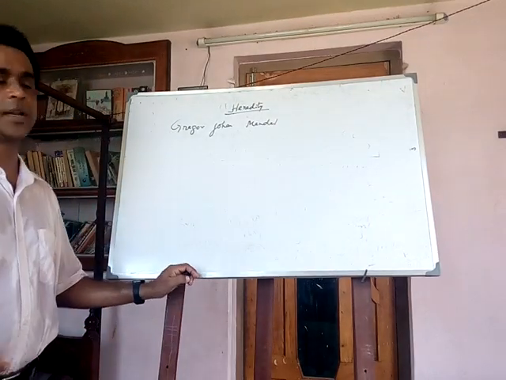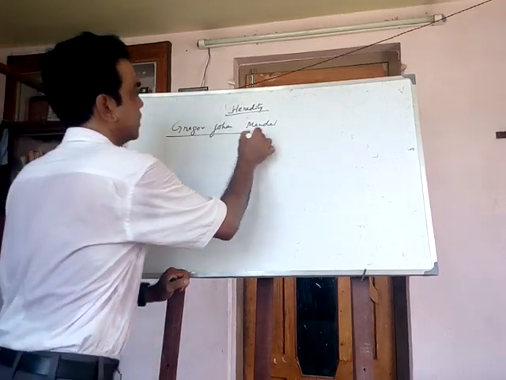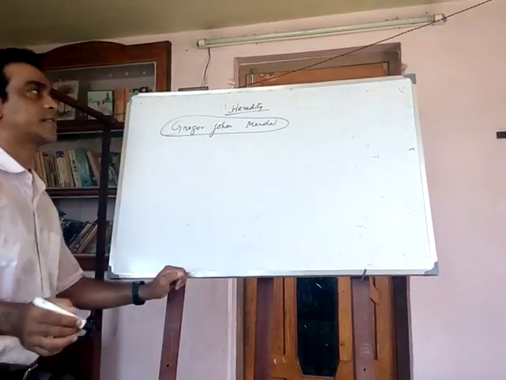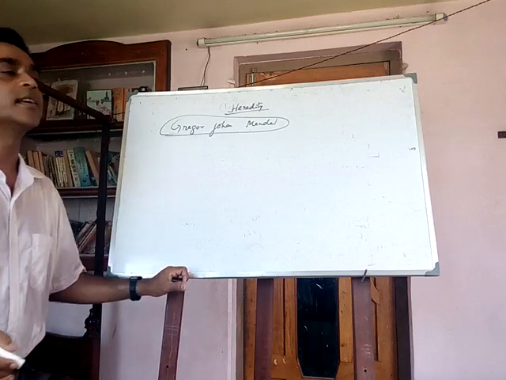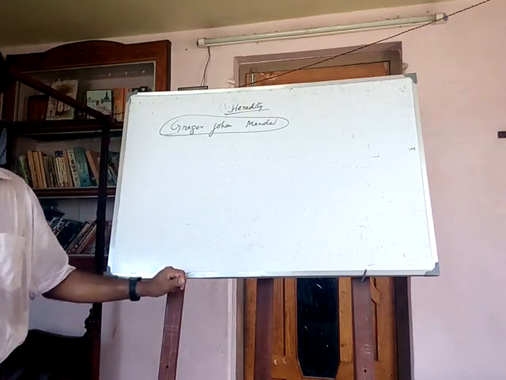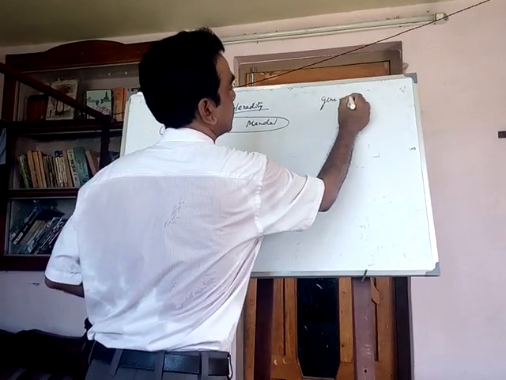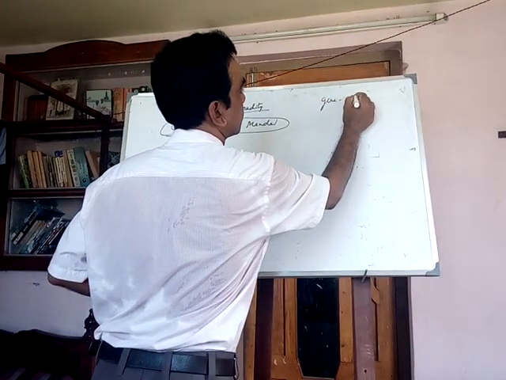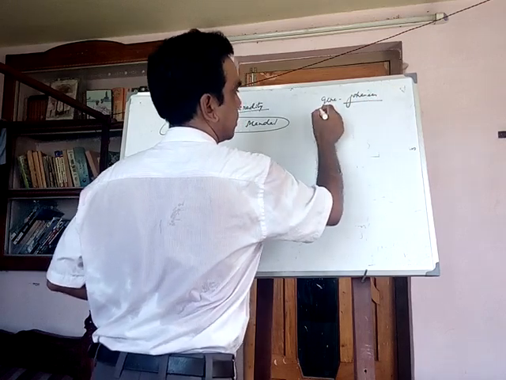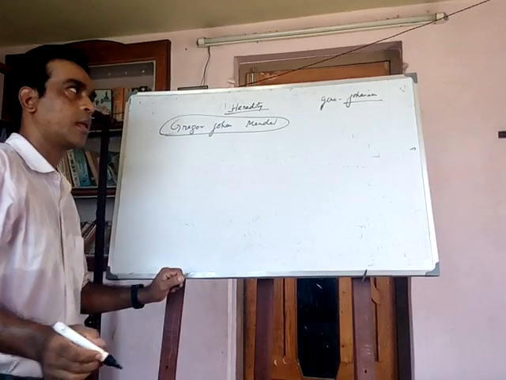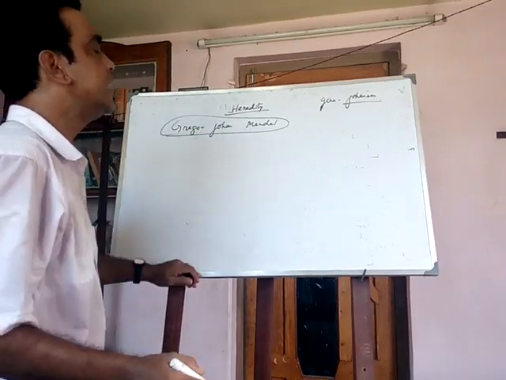Gregor Johann Mendel is the father of genetics, and the term gene was coined by the scientist Johansen in 1909.